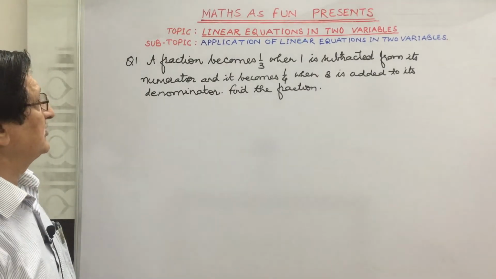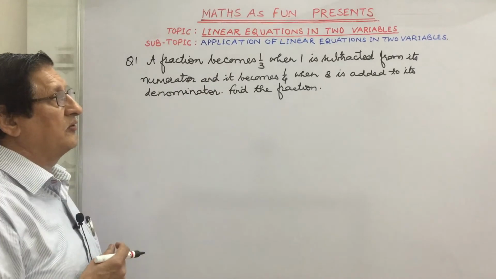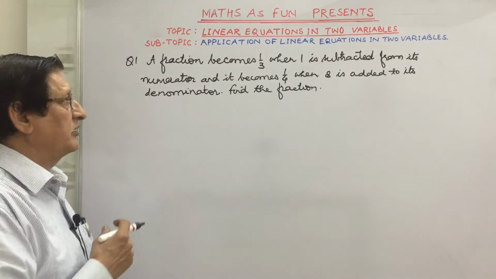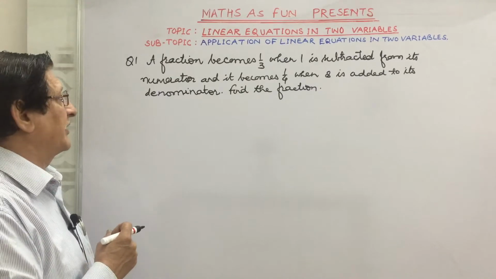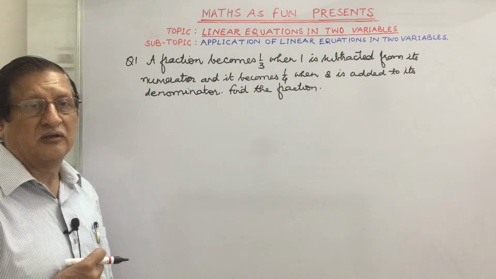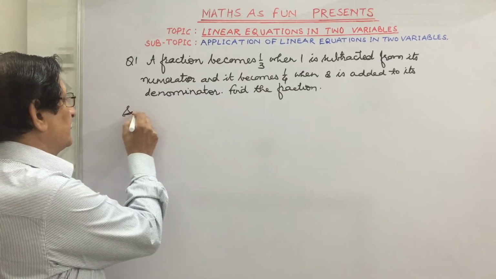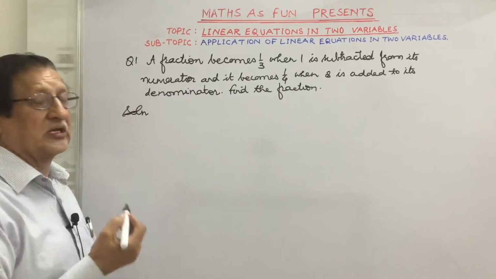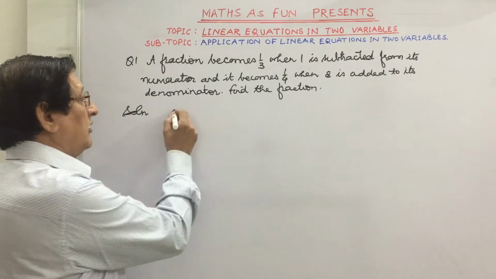The first one we are taking here is: a fraction becomes 1 upon 3 when 1 is subtracted from its numerator, and it becomes 1 upon 4 when 8 is added to its denominator. We have to find the fraction. For the solution of this type of problem, we consider the numerator and denominator separately.